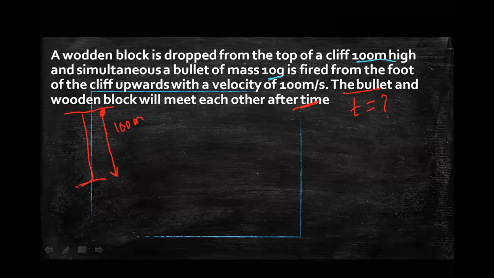Simultaneously, a bullet of mass 10 grams is fired from the foot of the cliff in the upward direction with a velocity of 100 meter per second. Now you have to calculate the time. Very, very easy problem. 100% this problem will appear in every MSET exam or IIT exam.